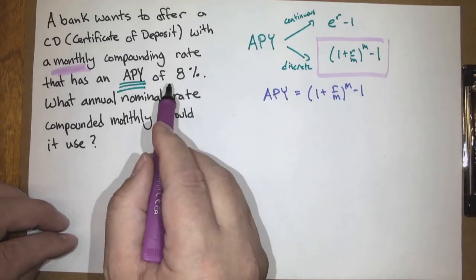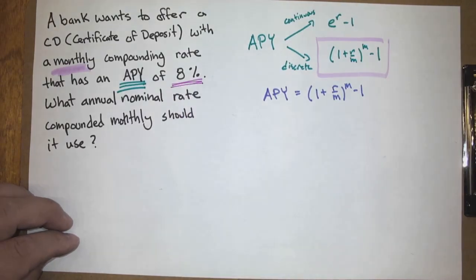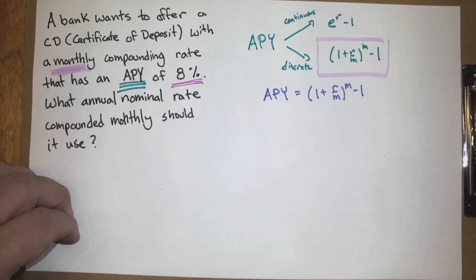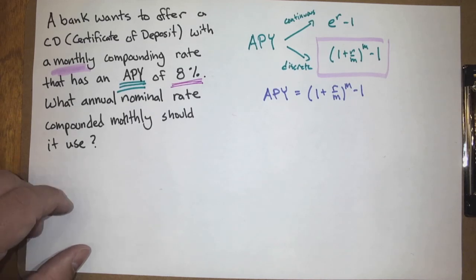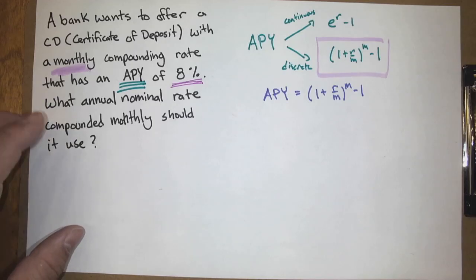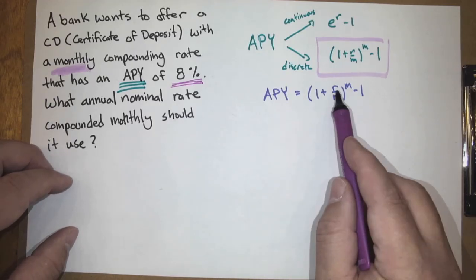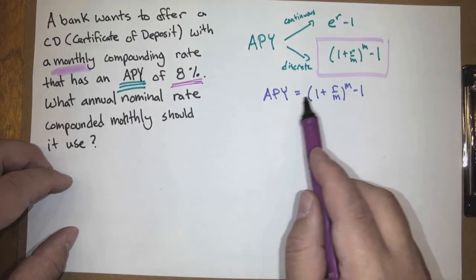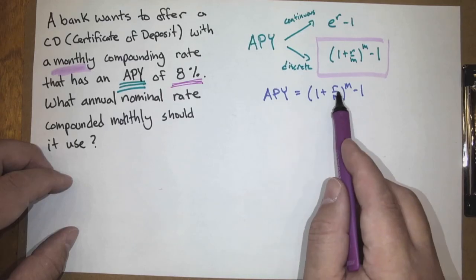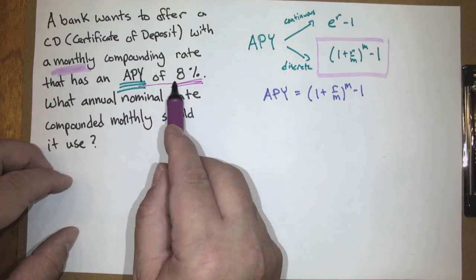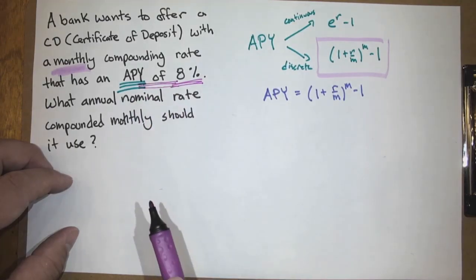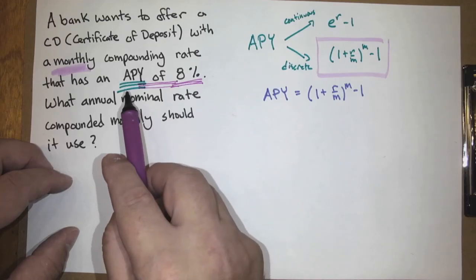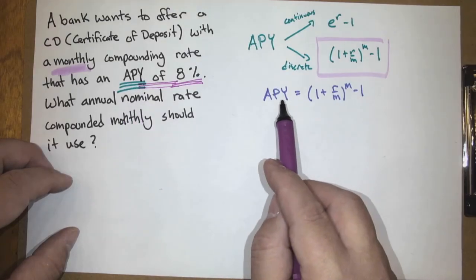We see an 8% here. What does that correspond to? Well, it's 0.08. Which one of these is 0.08? The APY, right?